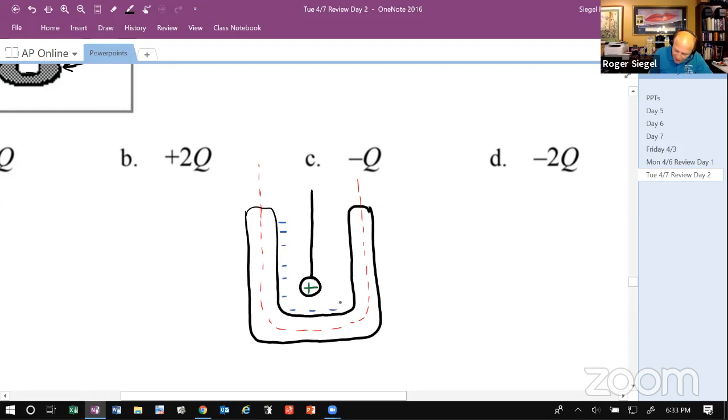Now, the can started out neutral, with no charge. So in order for the can to remain neutral, it has to have a positive charge on the outer surface. And so there's a positive charge now all around this outer surface.